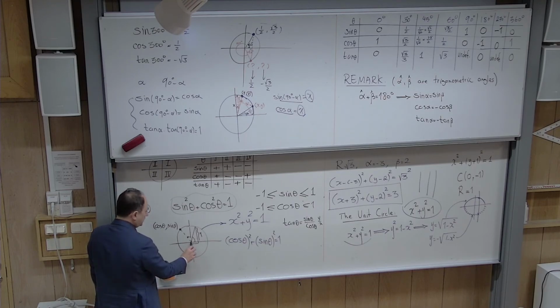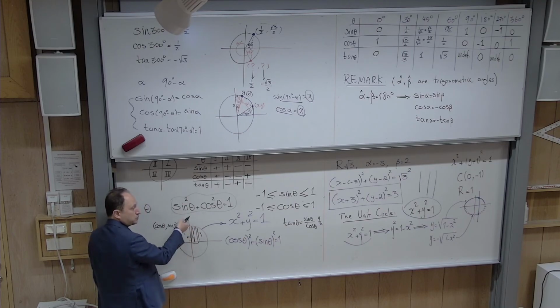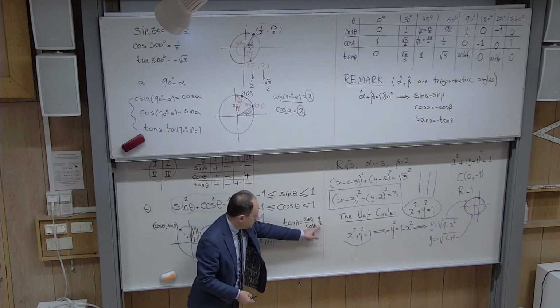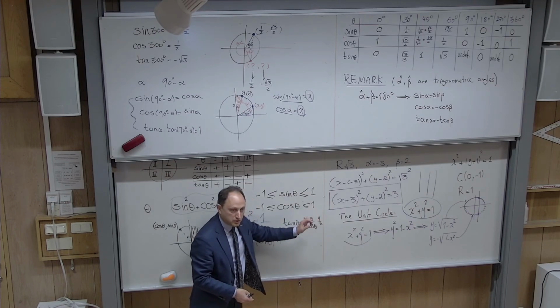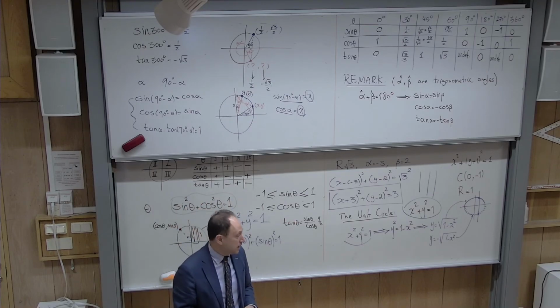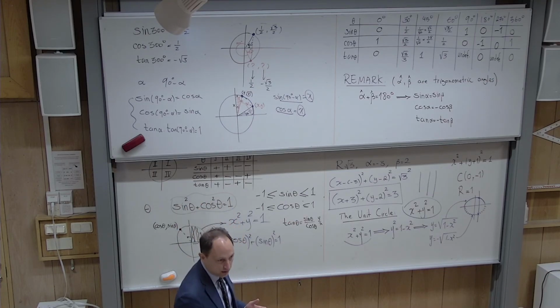But when I start increasing this angle a little bit, what is happening? The x value becomes smaller, and of course the y value is becoming bigger. So the denominator becomes smaller, and the numerator becomes bigger. It means that I am increasing the value. But I can increase it unboundedly. Why?